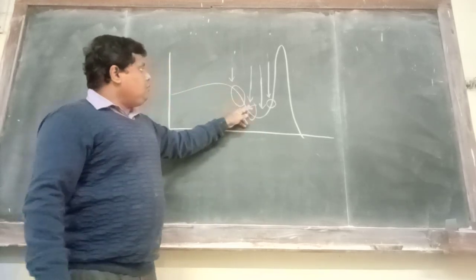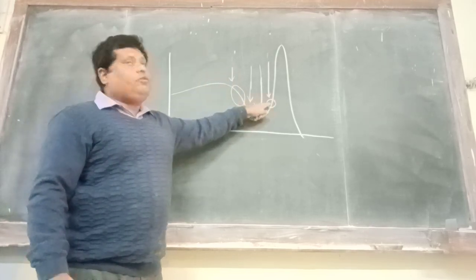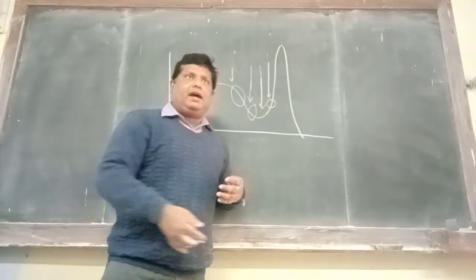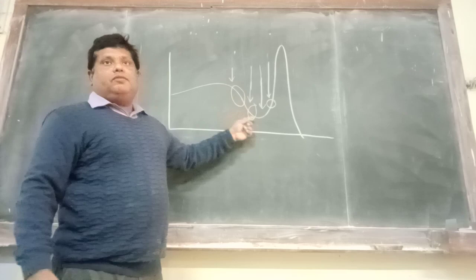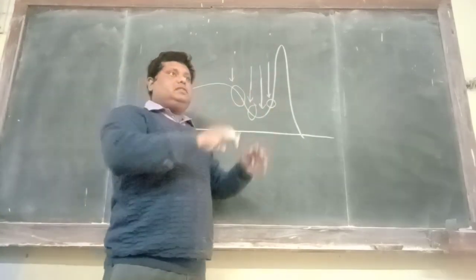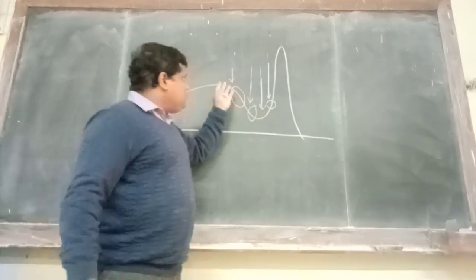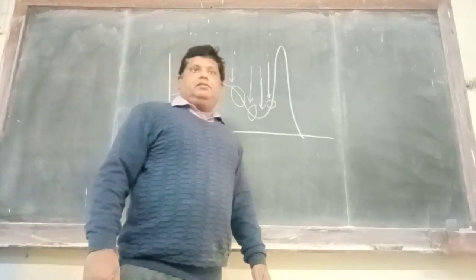Now, how many processes do we have here? Here there is 1, 2, 3, 4. Each time the process goes on, more and more uncertainties will add. The uncertainties in the number of created charge pairs will add up, and as a result, you get this smooth structure. Good point.